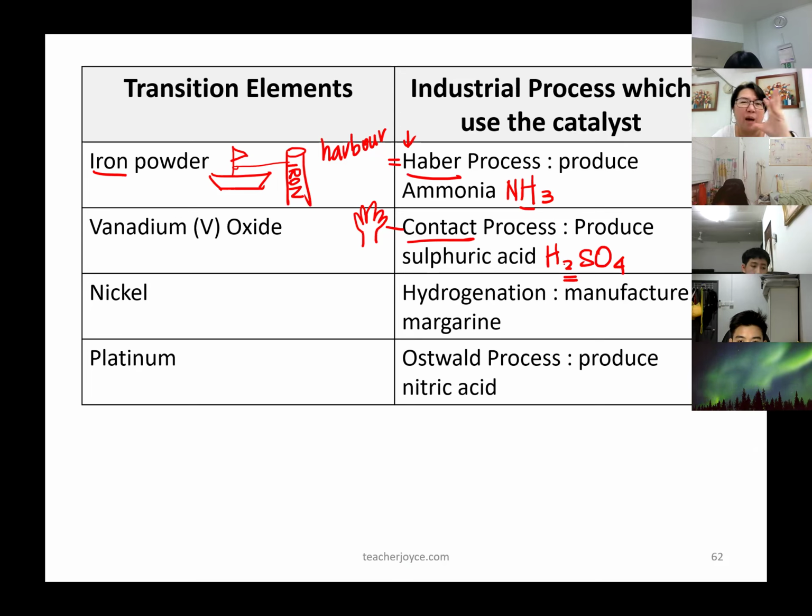This sulfuric acid has double. So the contact process is to make sulfuric acid. Remember, you don't want to contact sulfuric acid. When you don't touch it, you are the victory. Victory! Vanadium(V) oxide, V2O5. Vanadium(V) oxide.